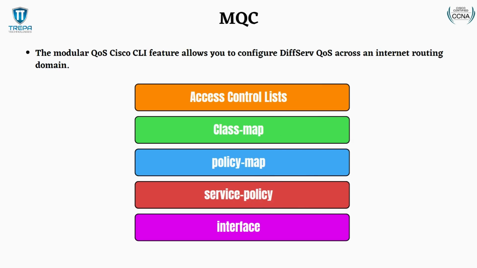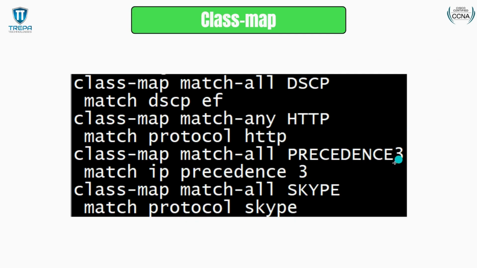So now let's go over some syntax. So the class map, here you can see we have two different ways. We can do match all or match any. And the difference between all and any is, all is going to say match all traffic coming through.